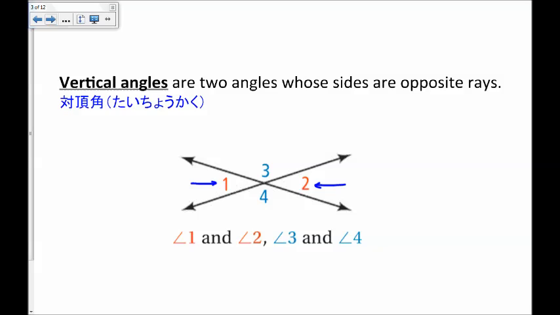The way I think of it is vertical angles have sides that are opposites. Okay, in Japanese it's hantai. The sides are opposites. Angles 3 and 4 are also vertical angles because they are opposites of each other.